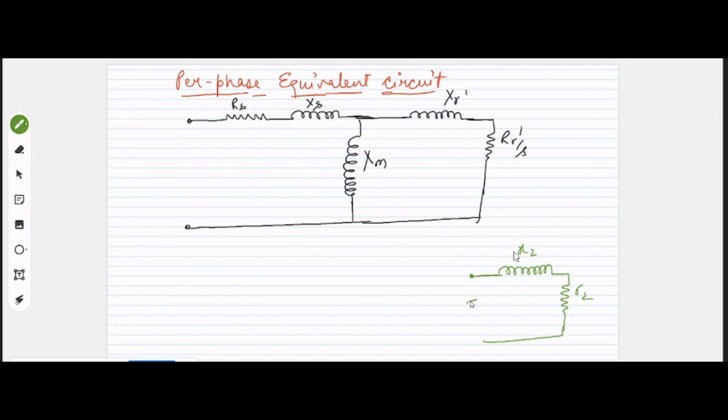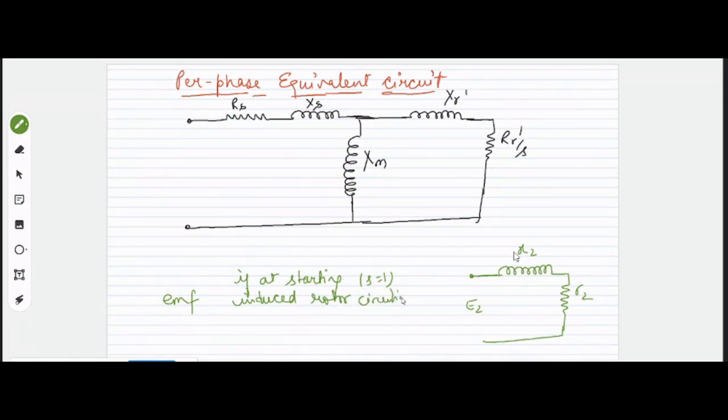If at the starting, right, at the starting means without any slip, at the starting slip will be 1, right? So without any slip, the EMF induced on the rotor circuit, let it be E2, right?